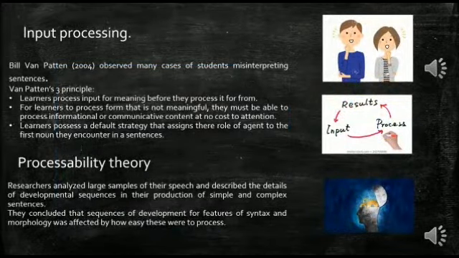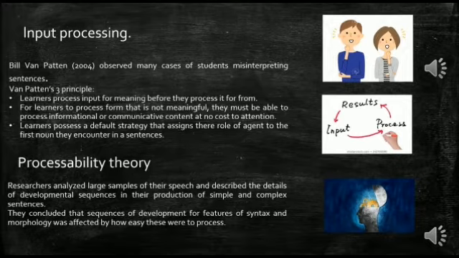Input processing. VanPatten presents the most complete model of input. The role of working memory is important in this model since some of the principles are predicated on a limited capacity for processing. The principles are: first, learners process input for meaning before they process it for form.